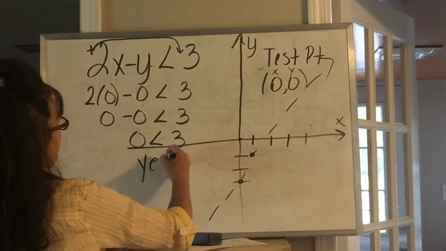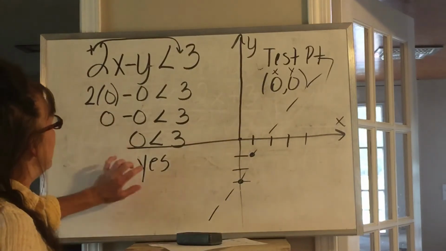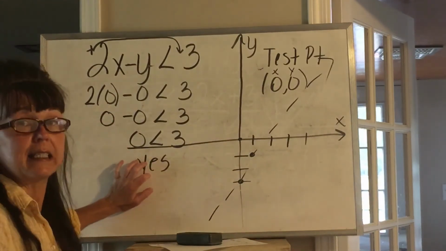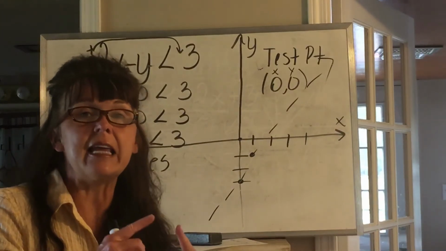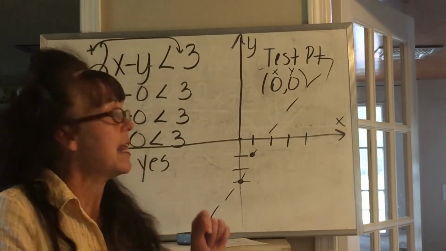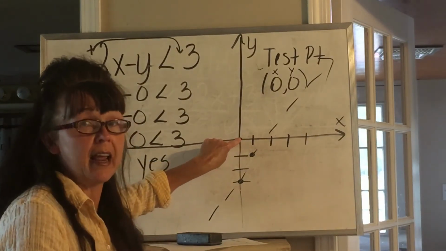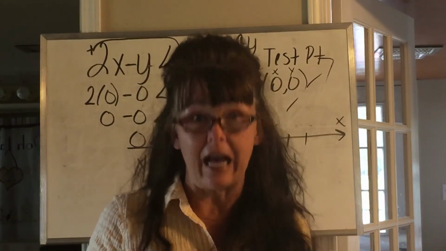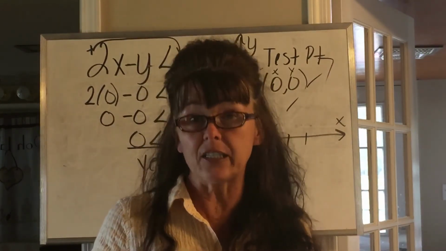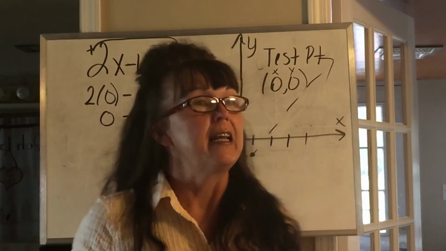Now listen, this is where it gets crazy. If this is a yes, okay, I'm going to slow down. If this is a yes, then you're going to find your test point, which is right there, and you shade the side that has the test point. Now listen.